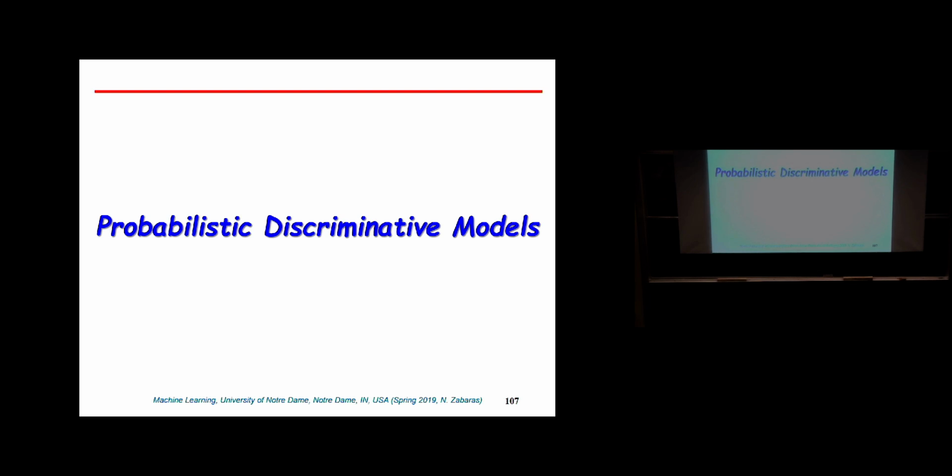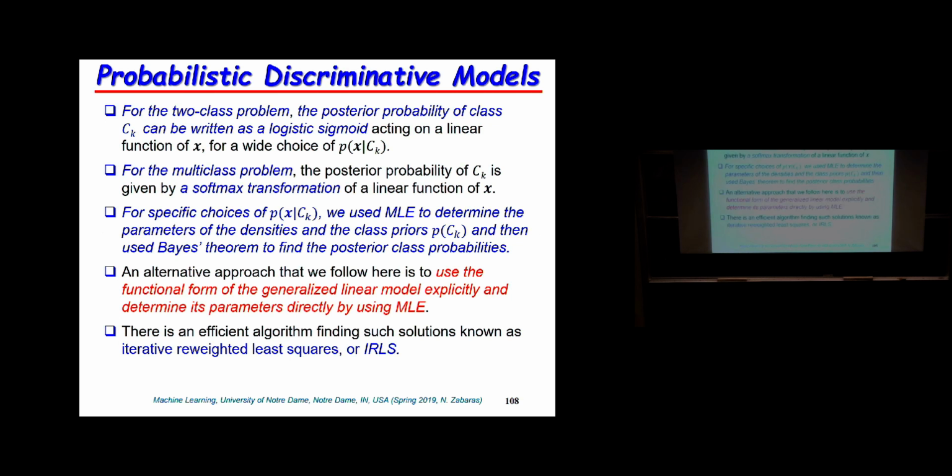But at the end of the day, we managed for two-class systems basically to put the posterior probabilities in terms of logistic sigmoids, okay? But I want you to remember those logistic sigmoids came after manipulating these conditional Gaussian distributions or whatever other distributions we used. So we did not start with logistic sigmoid. It just took that form.